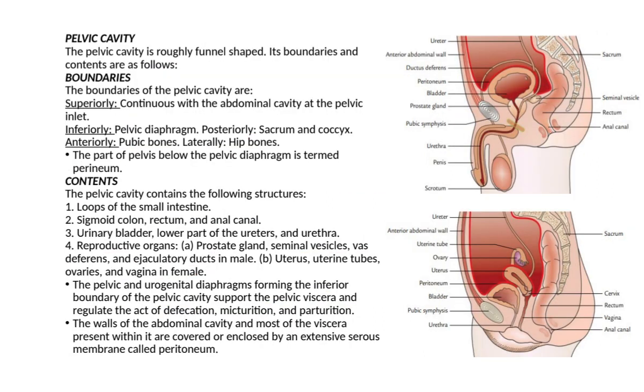The pelvic cavity is roughly funnel shaped. Remember this. The pelvic cavity is roughly funnel shaped. Boundaries are superiorly continuous with the abdominal cavity at the pelvic inlet, inferiorly the pelvic diaphragm, posteriorly the sacrum and coccyx, and anteriorly pubic bones, laterally the hip bone.